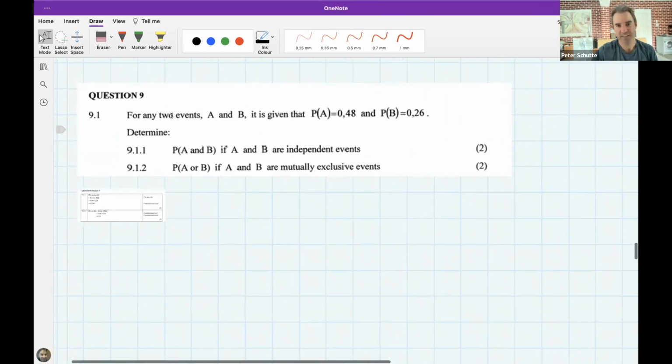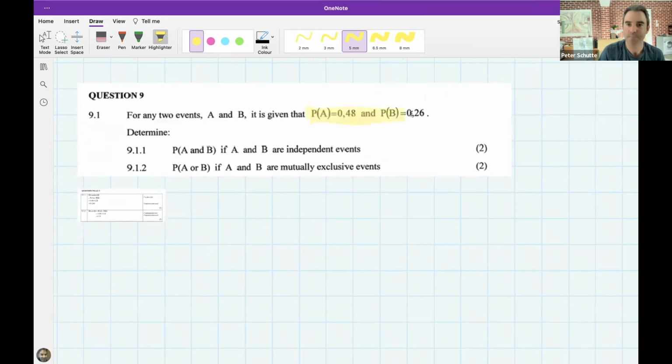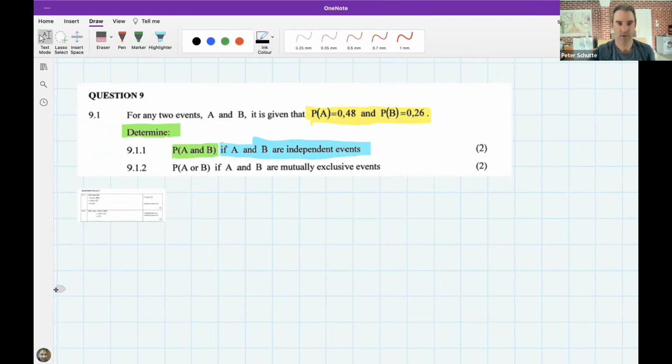For any two events A and B, it is given the following information. Then it says, determine what P of A and B is if that is true. I want you to try and answer that question for me.